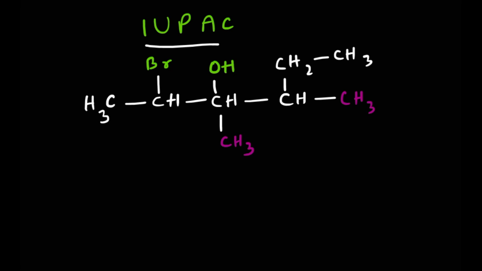In this example, you can see clearly that the longest chain will be this one: 1 2 3 4 5 6. So it is the parent chain. Now we'll see the functional group and the substituent. Here the bromine and hydroxyl are functional groups, and these are the alkyl substituents, or you can say branches.